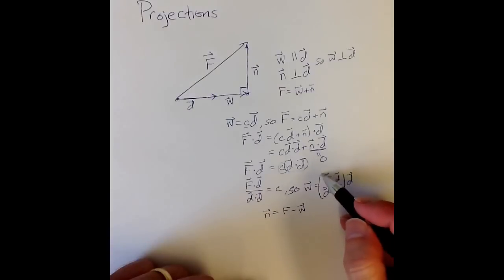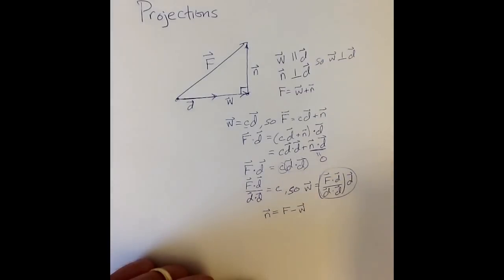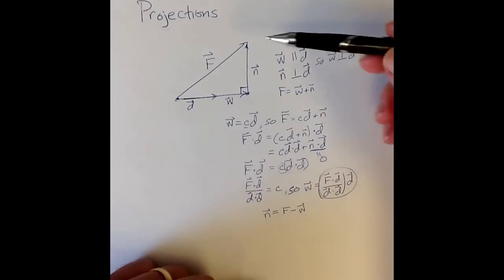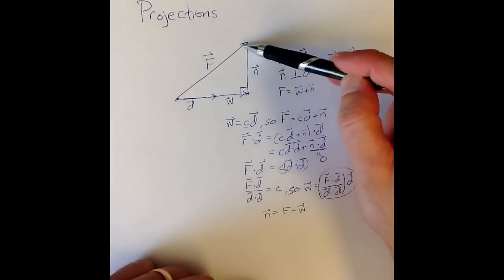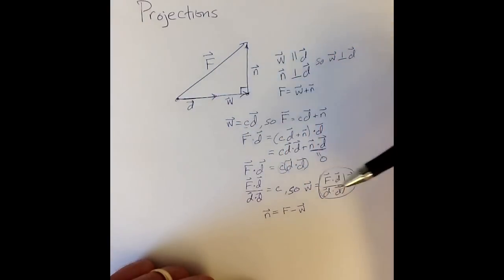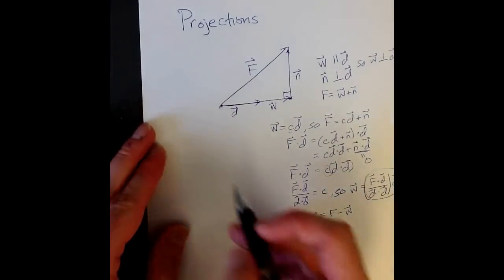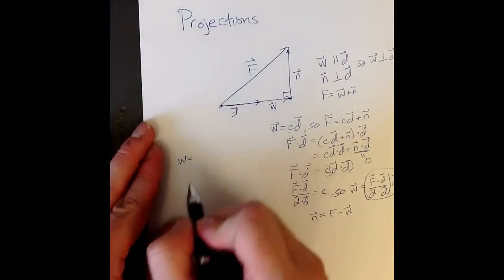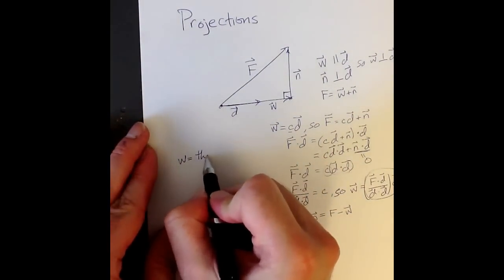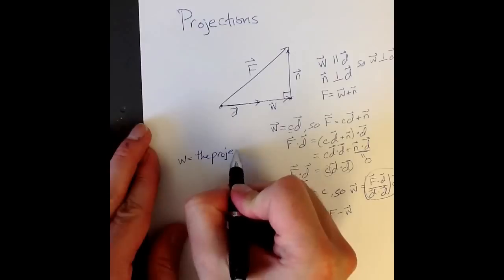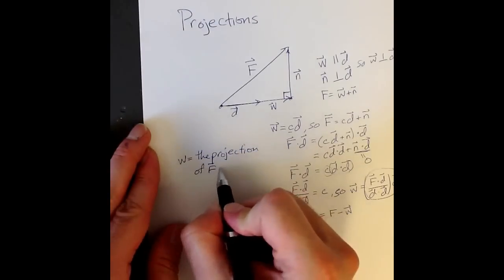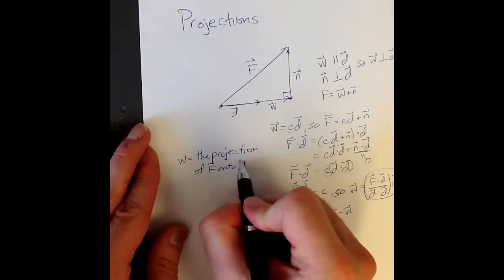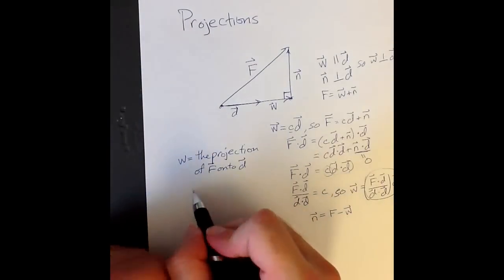We give a special name to w here. w is the amount of the vector part of f that is parallel to d. We call w the projection of f onto d.